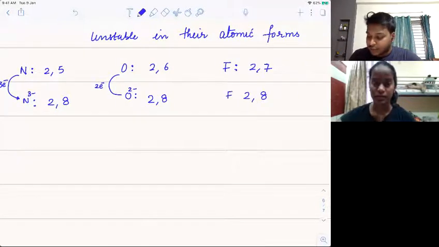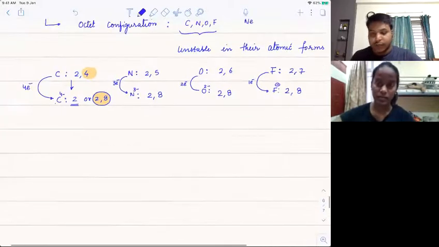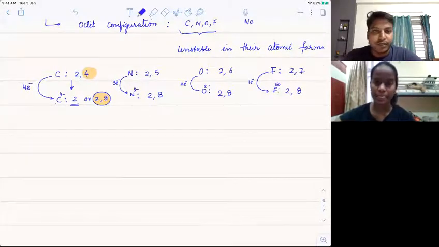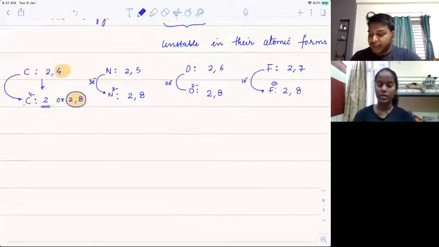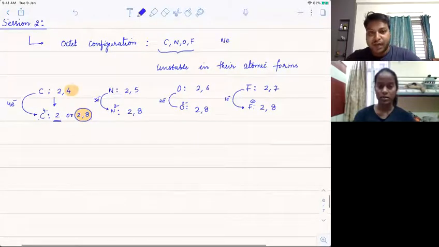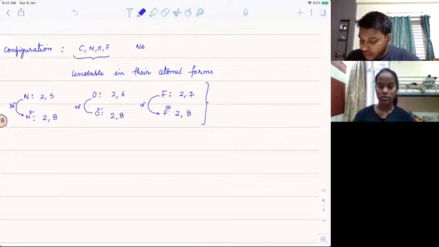Similarly, fluorine must accept 1 electron, hence it will become F minus. So I hope you understood the logic of how these atoms are becoming ions. The reason is that they try to attain octet stability, octet configuration.